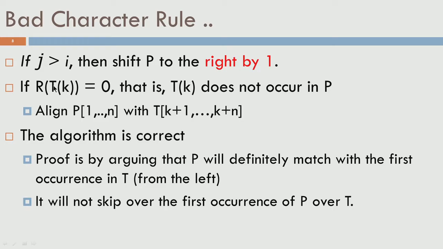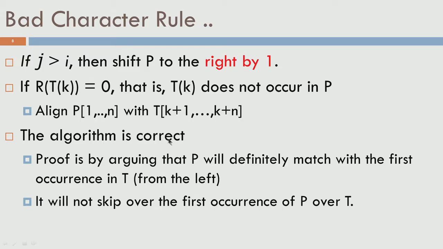If the mismatched character does not occur in P at all, then obviously the pattern P must be moved completely to the right of the current alignment, that is, align P of 1 to n with T of k plus 1 to k plus n. Recall that T of k was the place where there was a mismatch.